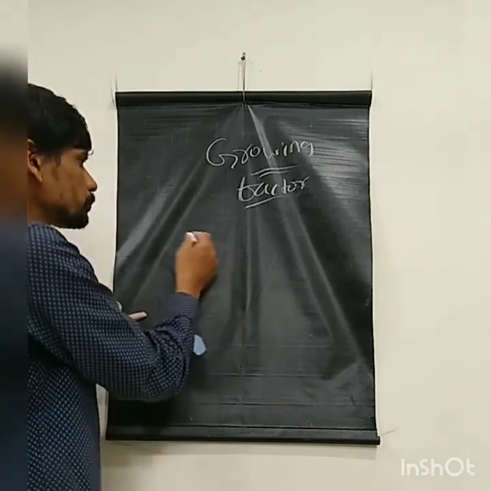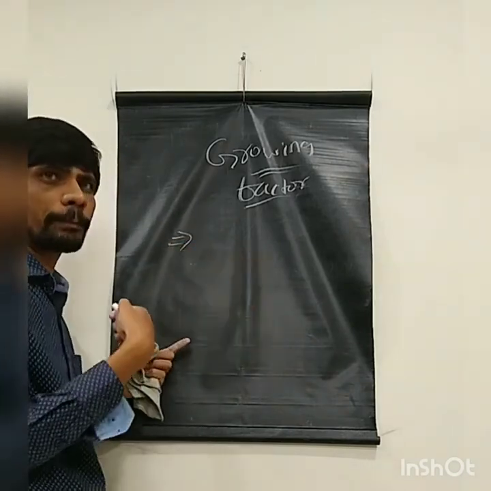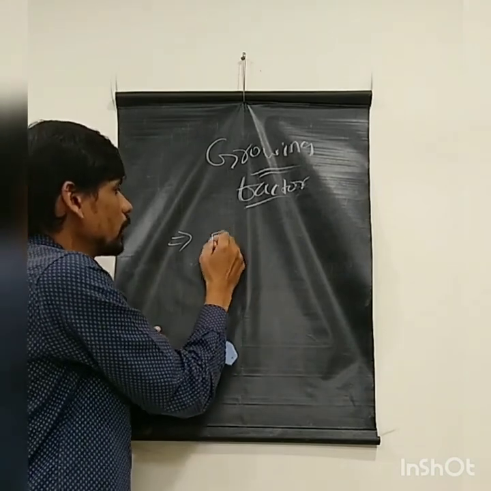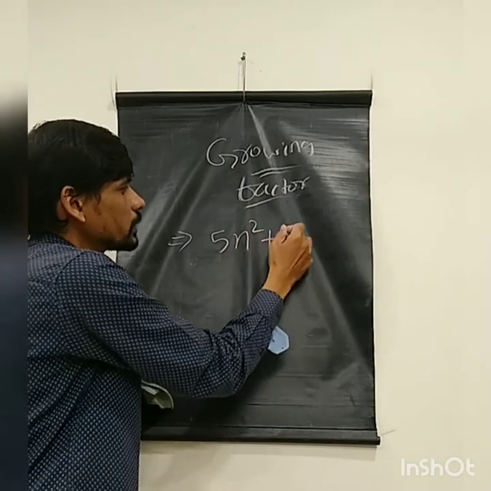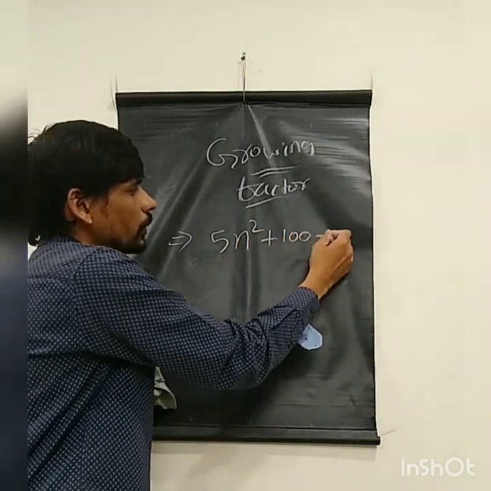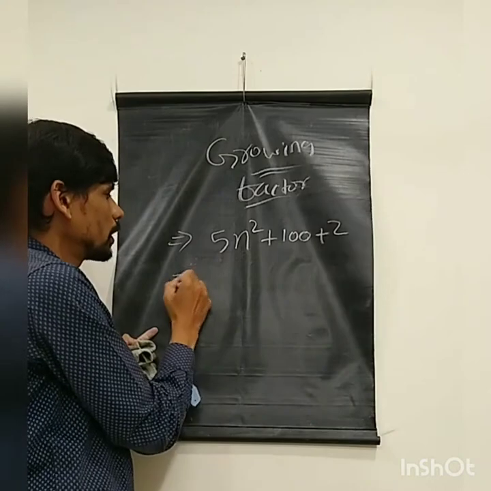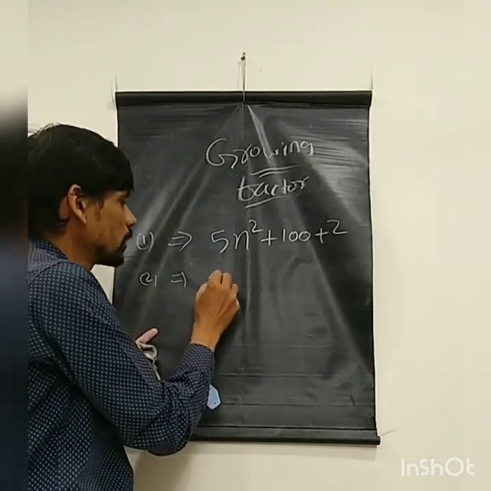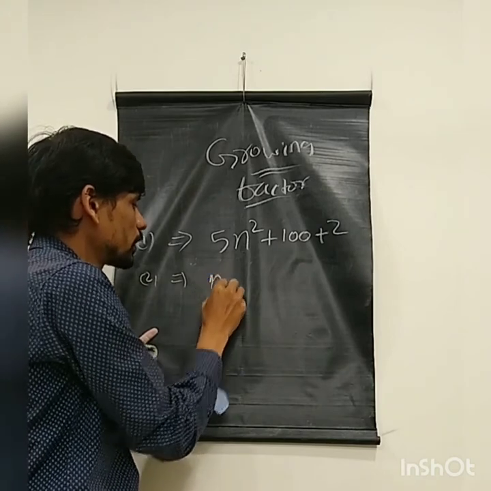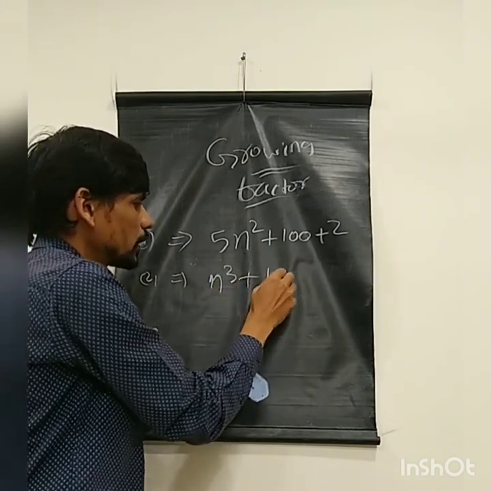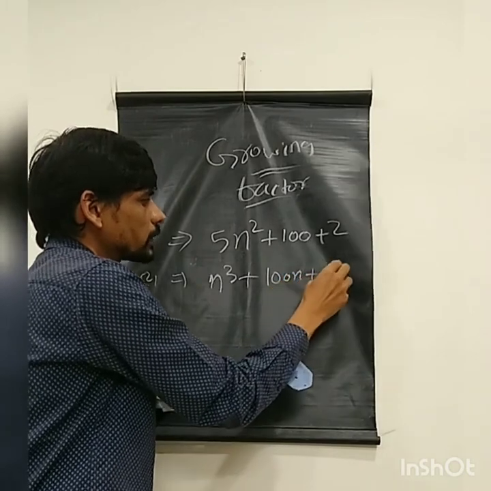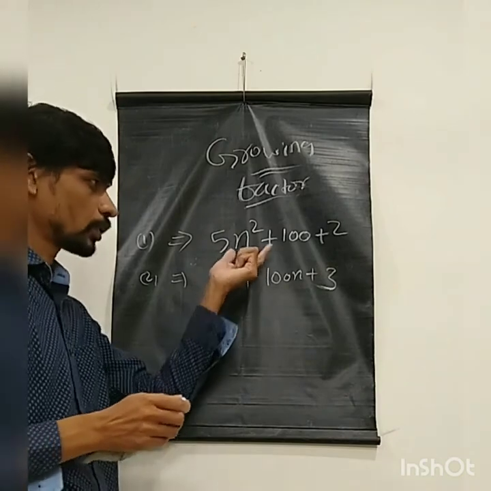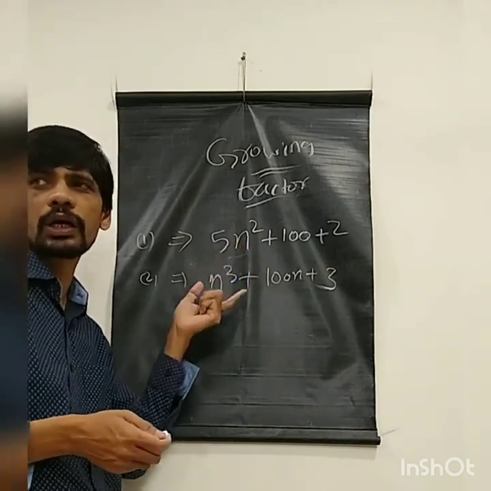Just for example, if my algorithm complexity looks like this, 5n square plus 100 plus 2, and this is one program, and the second program is n cube plus 100n plus 3, for example. These are two conclusions based on my algorithm.